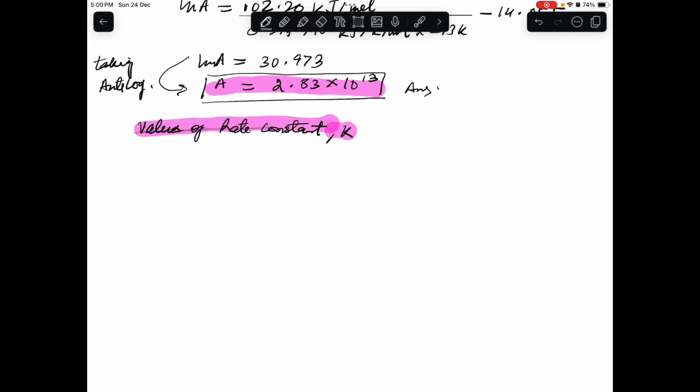At T equal to 30 degrees, which is given in our question, 30 degrees Celsius temperature means 303 Kelvin.